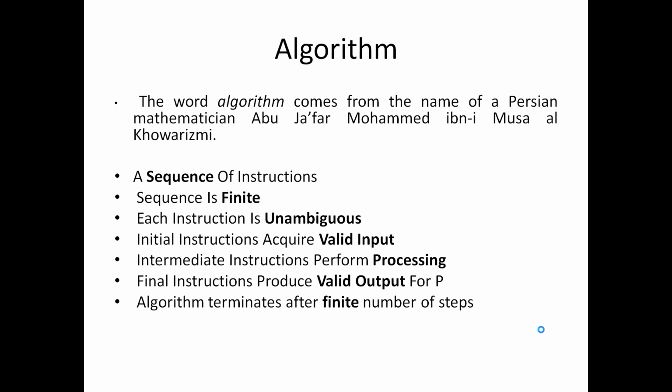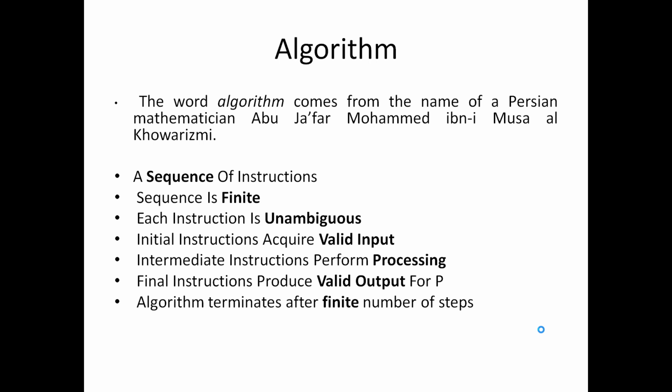It should have a sequence of instructions such that every step has connectivity, and the sequence should be finite. Means after a finite number of steps, the sequence of steps needs to exit, and whatever instructions we are specifying, these instructions must be unambiguous. Means that there is no ambiguity in the instructions we are giving.